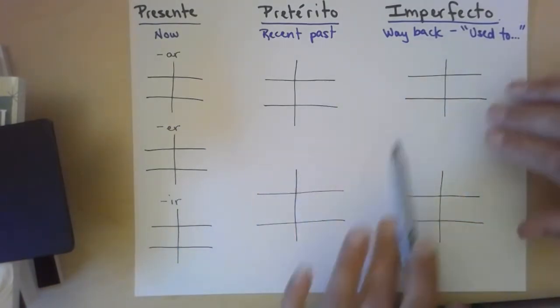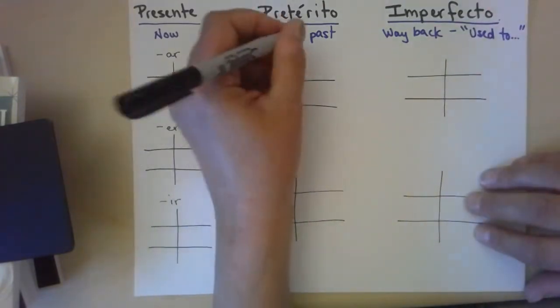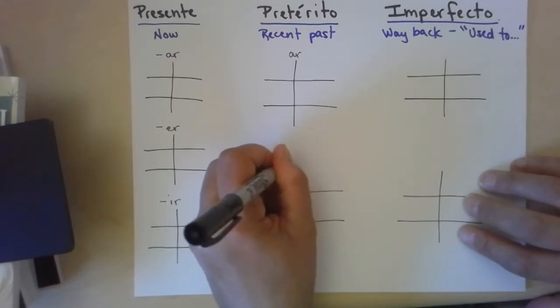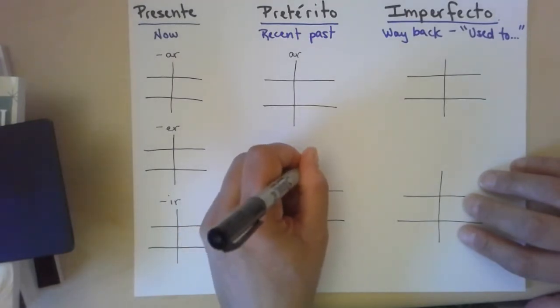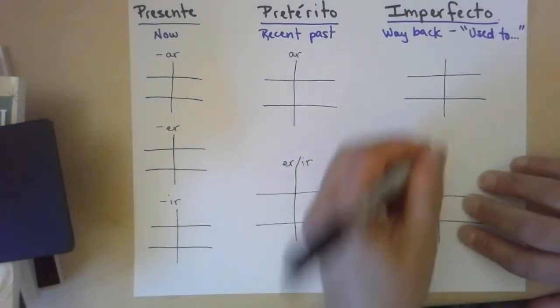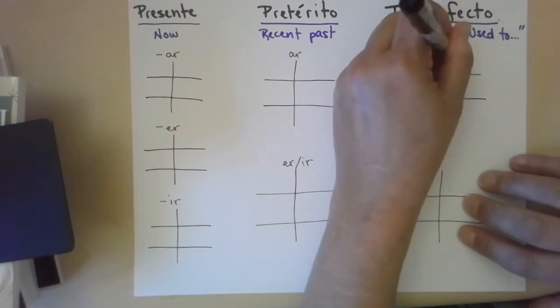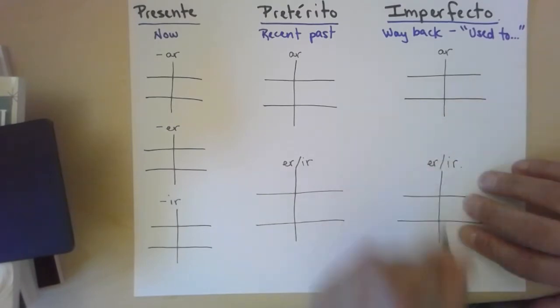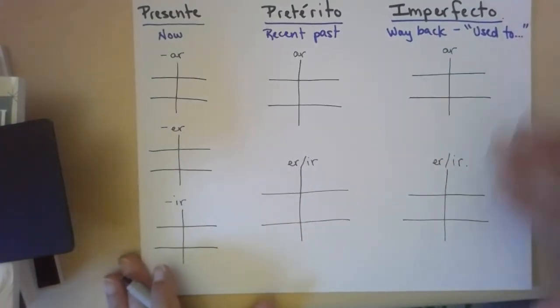But then these start to sort of combine, right? AR verbs have a certain ending, and then ER and IR verbs take on the same ending, see? And the same goes for here. ER and IR. Okay, so we can fill this out pretty quickly, right?